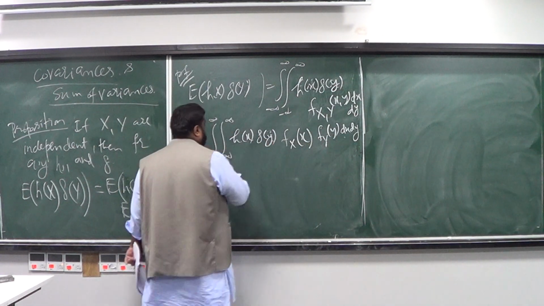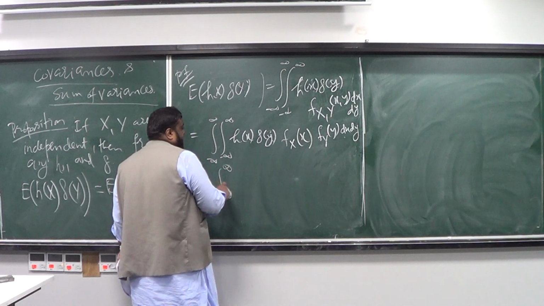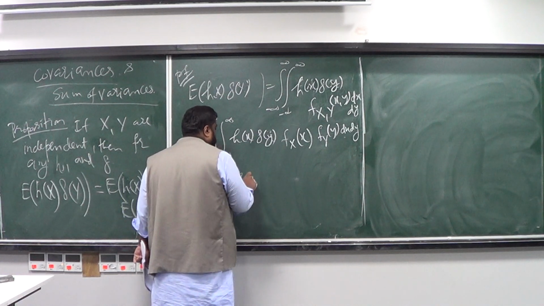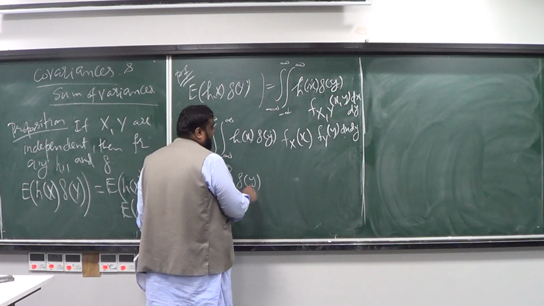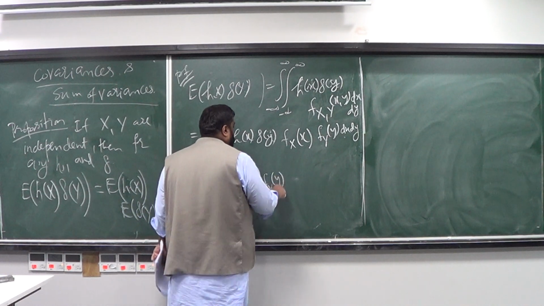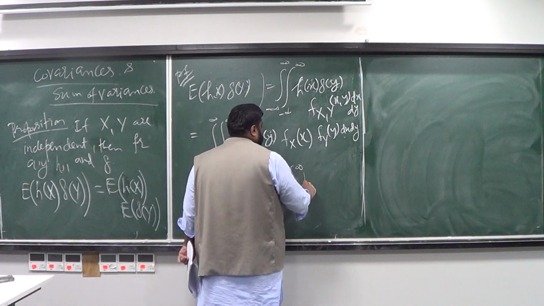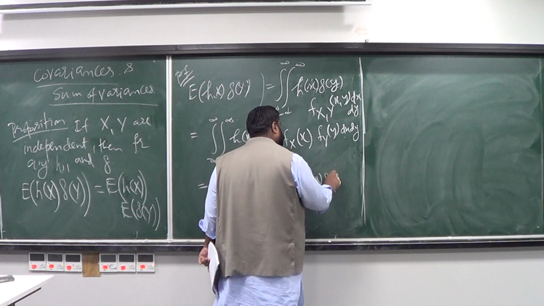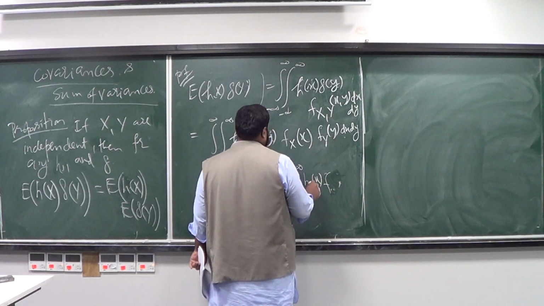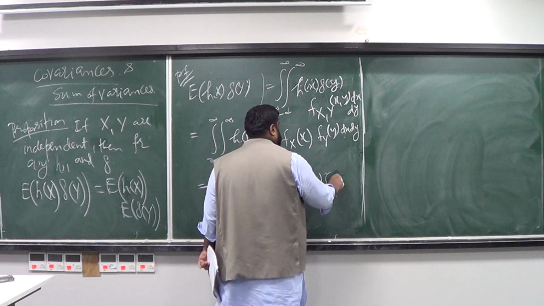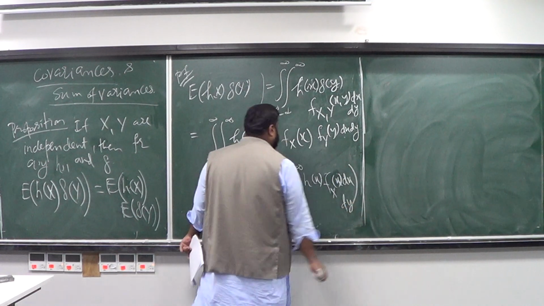If you wish, you can pull them out of the integral. So you can write it as the integral of g of y, f_Y of y, times the integral from minus infinity to infinity of h of x, f_X of x dx, dy.